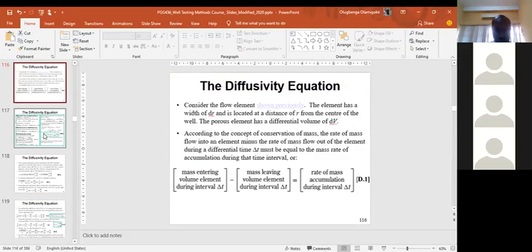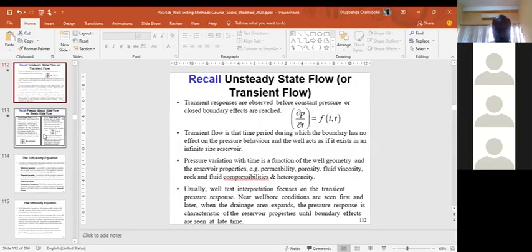Ladies and gents, sorry, it appears I'm going back and forth, but this is important. Let's go back to what everybody is familiar with. For transient flow, the partial derivative of pressure with respect to time is a function of both position and time.